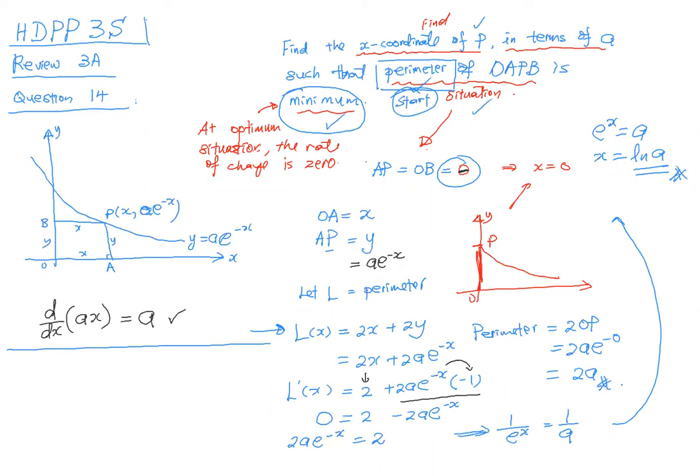I thought you were finding, question 1, to find x coordinate of P. So I conclude long. Therefore the x coordinate of P is ln a.